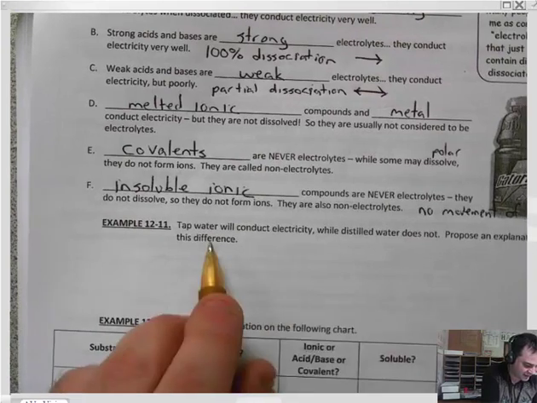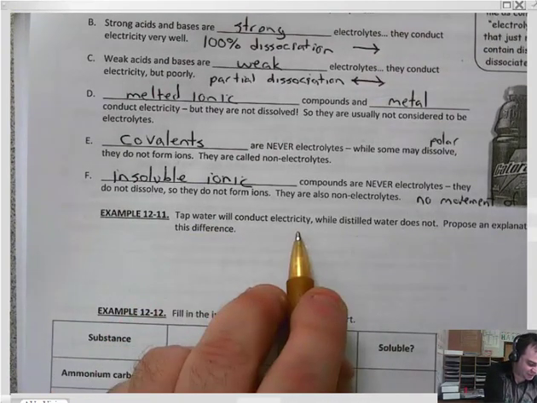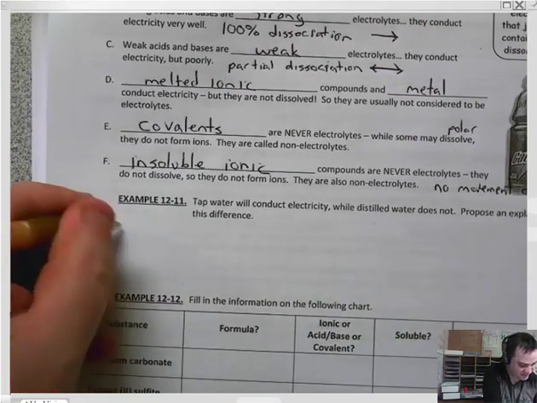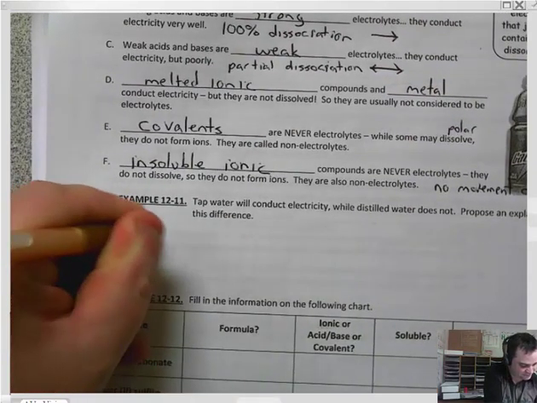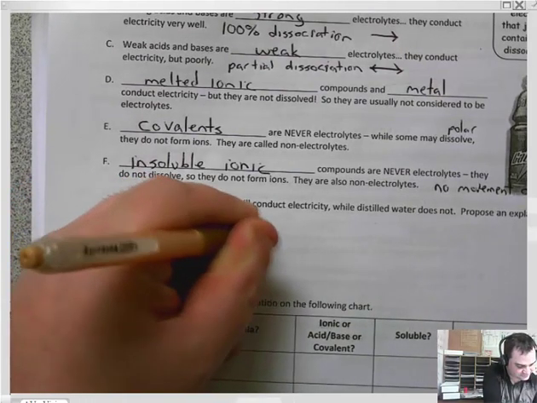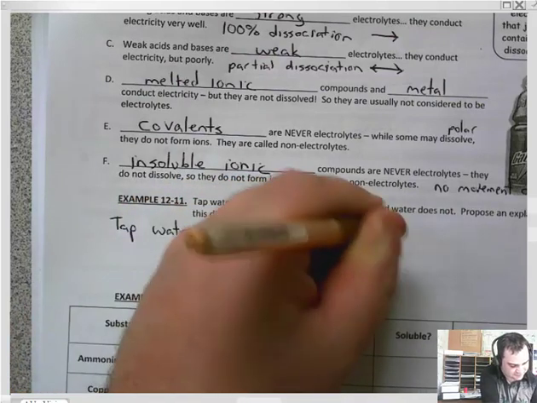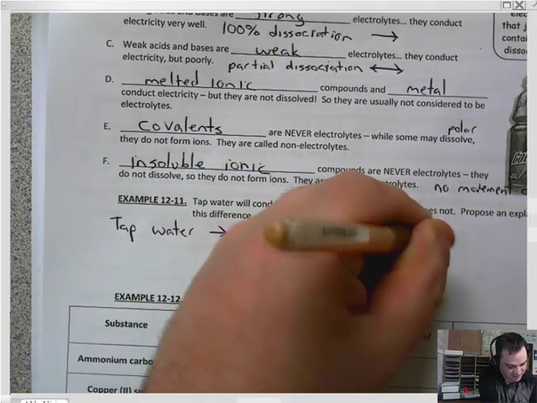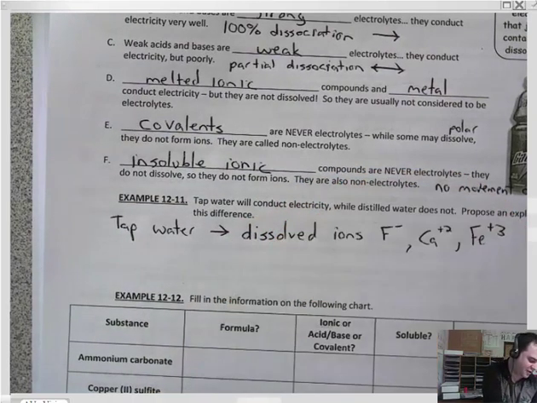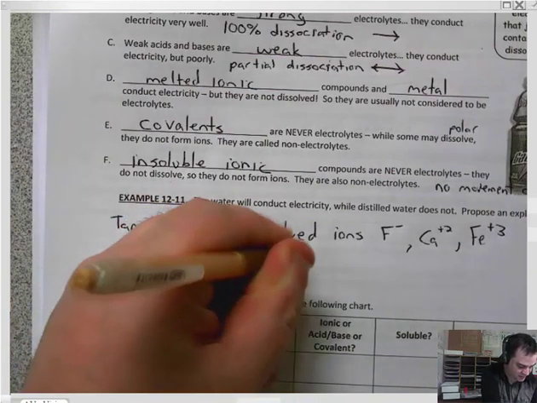Okay, now, tap water will conduct electricity while distilled water doesn't. Propose an explanation for this difference. Well, here's the thing. Tap water has dissolved ions, like fluorine, like calcium, like iron. They are in the water, which means it will conduct electricity.